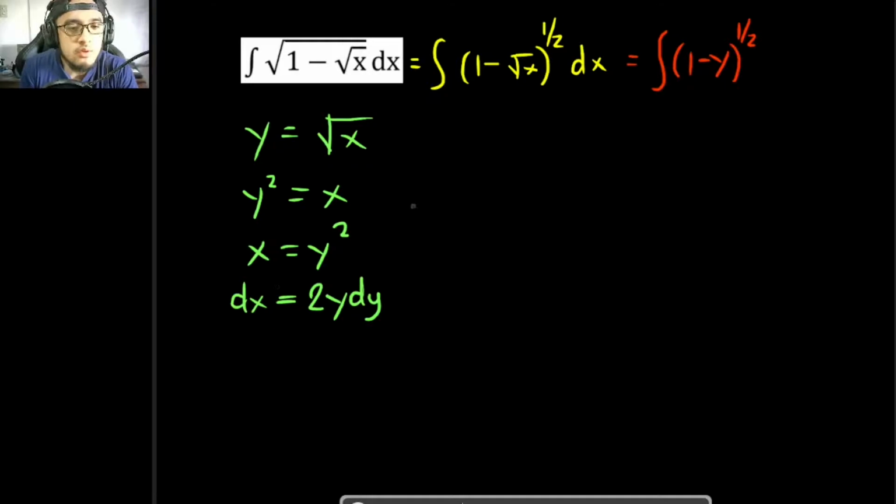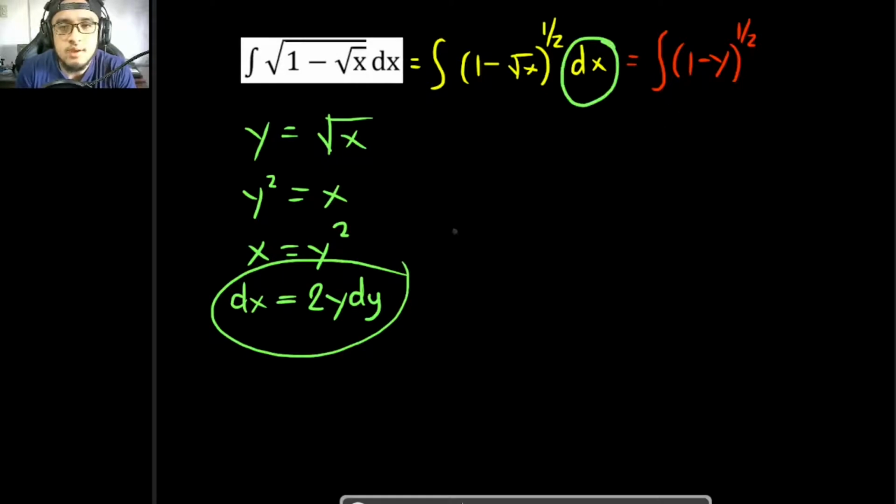And substituting known values, dx is equal to 2y dy. So rewriting it here, this is now equal to 2y dy. And as you can see right now, we can actually solve for the value of this function using integration by parts, since we have our u and we have our dv.